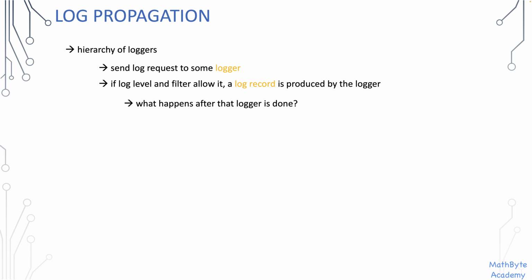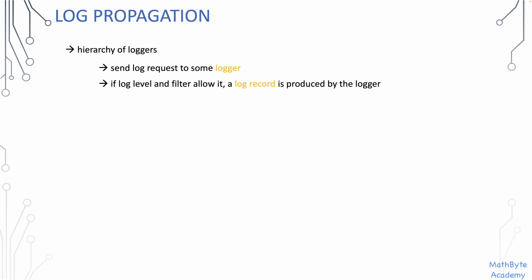It's going to send it off to all the handlers, if any, right? You don't have to have handlers on the logger. But once it's done sending it to all the handlers, which could be zero, what happens after that? What does it do? Well, it sends the log record to the parent, right? It decides, should I send this log record to the parent?